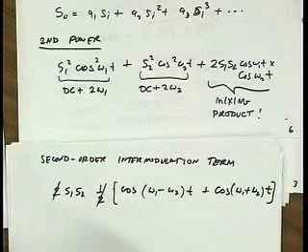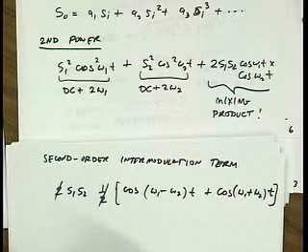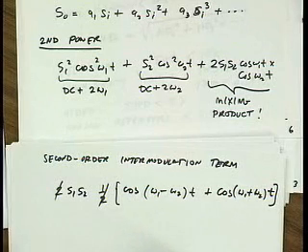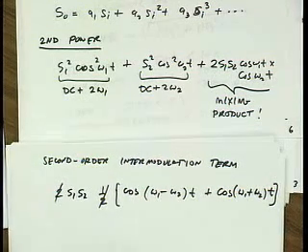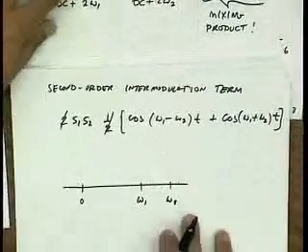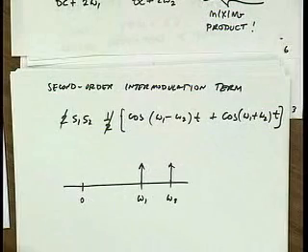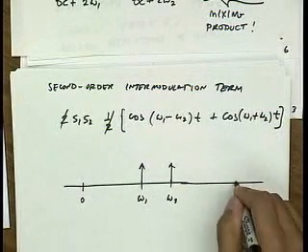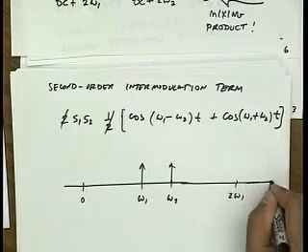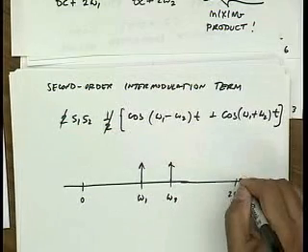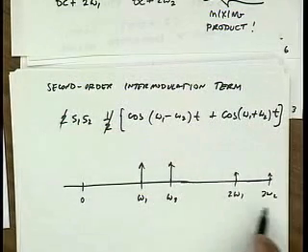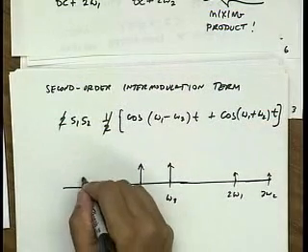We see that if I draw a picture, let's say this is DC, this is omega 1, let's say this is omega 2. I put in two tones at these frequencies, and I'll generate 2 omega 1 and 2 omega 2. These are the second harmonics. I generate DC.